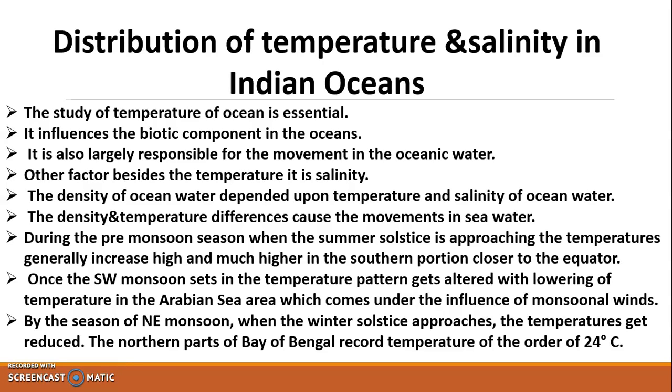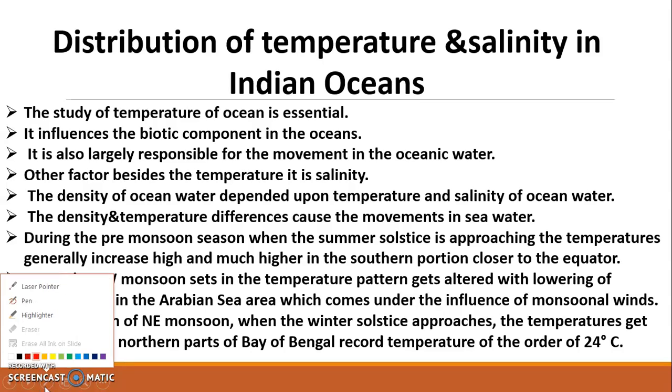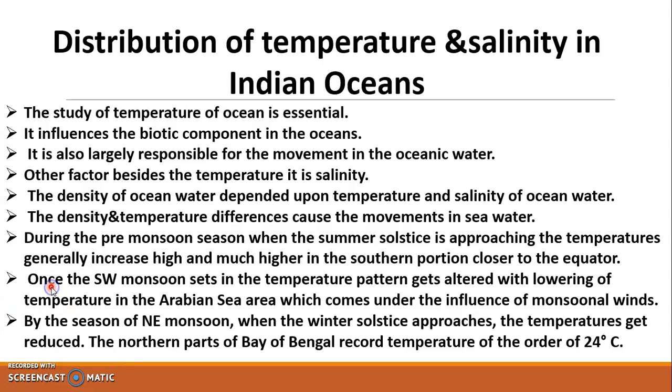By the season of northeast monsoon, when the winter solstice approaches, the temperature gets reduced and the northern part of Bay of Bengal records a temperature of 24 degrees Celsius.